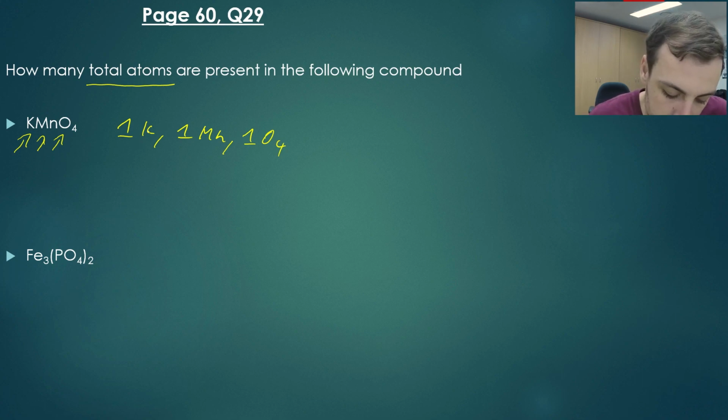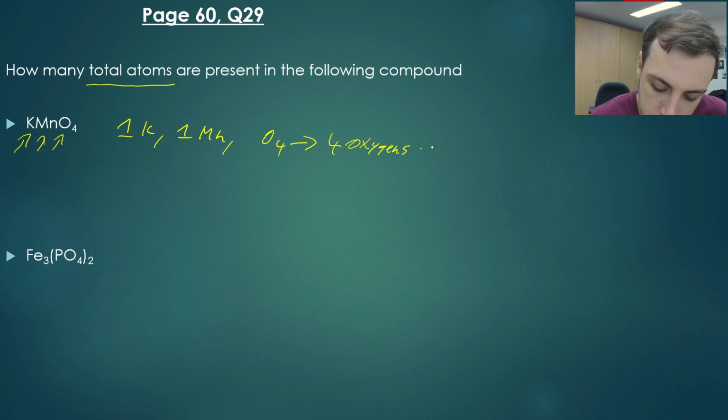So we have 1 potassium, 1 manganese, 1 lot of O4. That means there are actually 4 oxygens, meaning that we have 4, 5, 6. We have 6 atoms total.